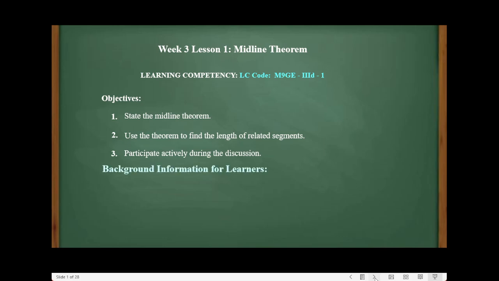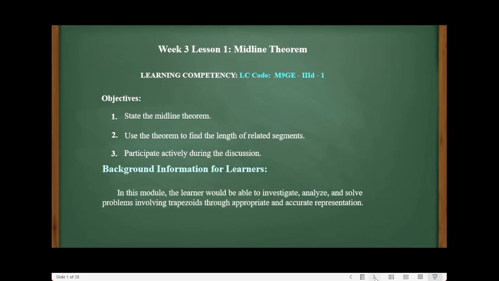Now for this material, you would be able to investigate, analyze, and solve problems involving trapezoids, which will be discussed on the next video after this. So, solve problems involving trapezoids through appropriate and accurate representation.